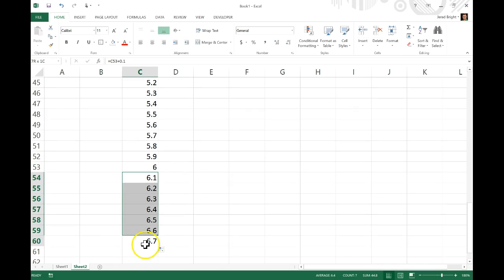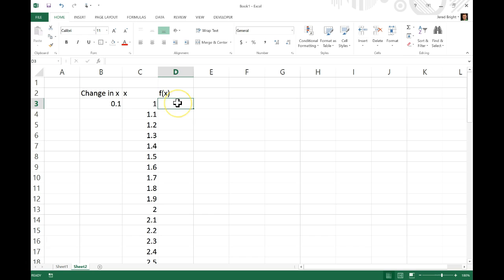Oh, and I went too far. Okay, so I can delete these. And also, I actually do want to delete 6 because, again, these are left endpoints. 6 is going to be a right endpoint, the right endpoint of the interval, so I don't actually want that. So I just want to go up to 5.9.